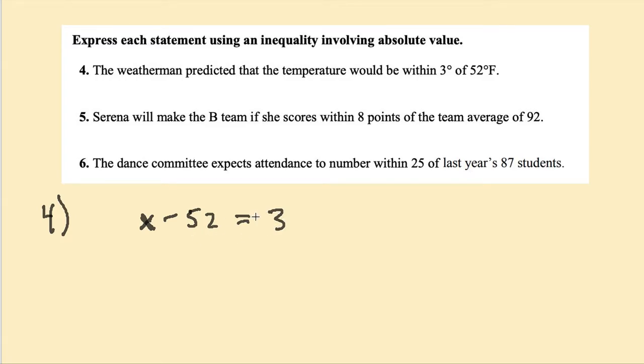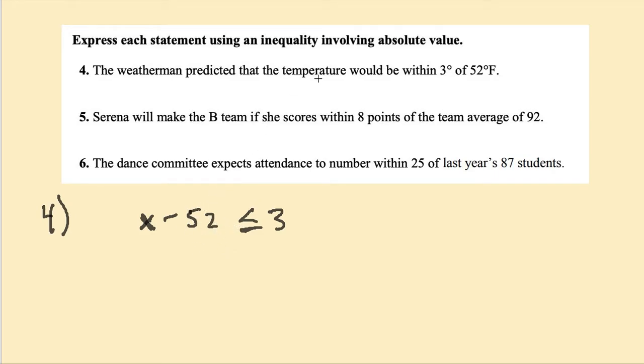But I know that it can be less than that too. So it could be 54 and make it less than. So right away, hopefully, I can see that I can get rid of this equal sign and put a less than. And I know it can include 3 degrees.